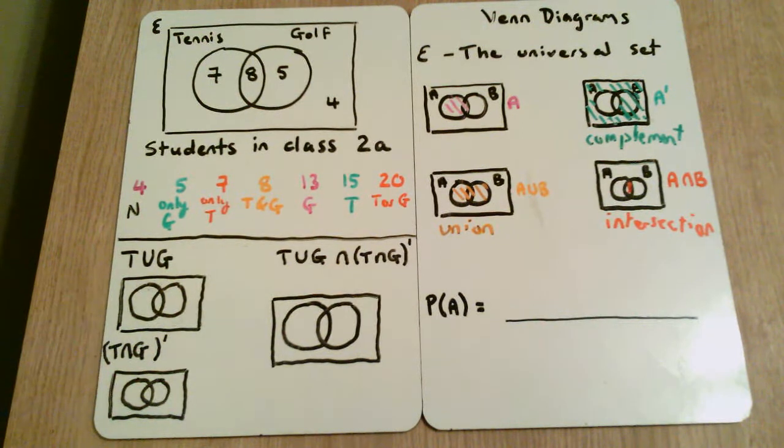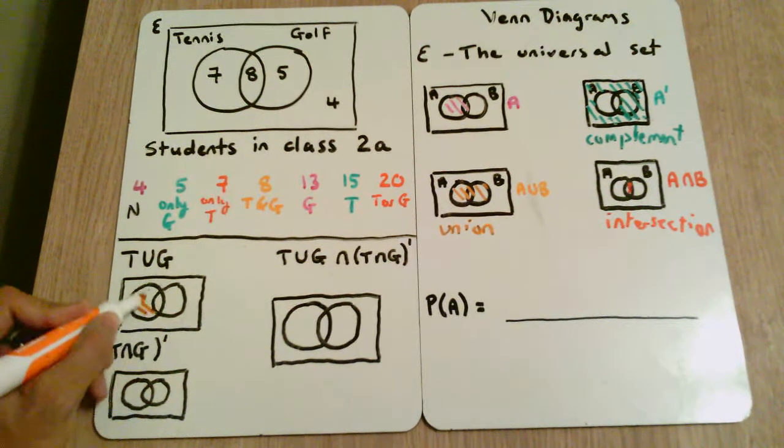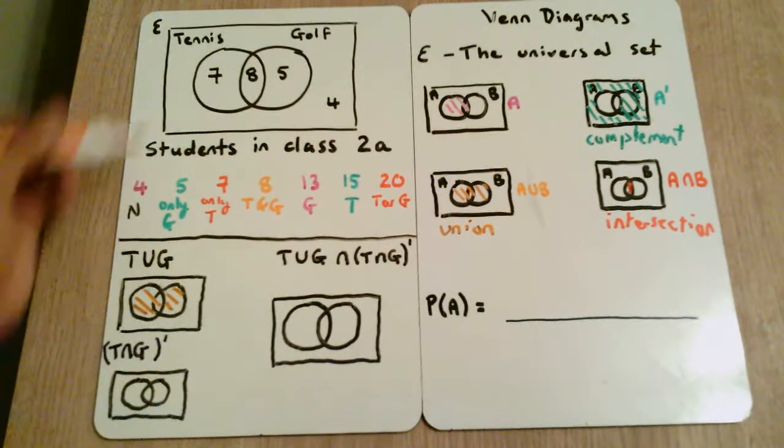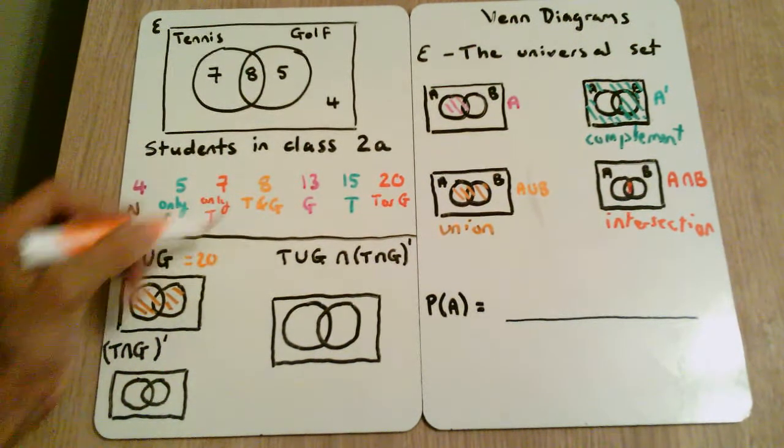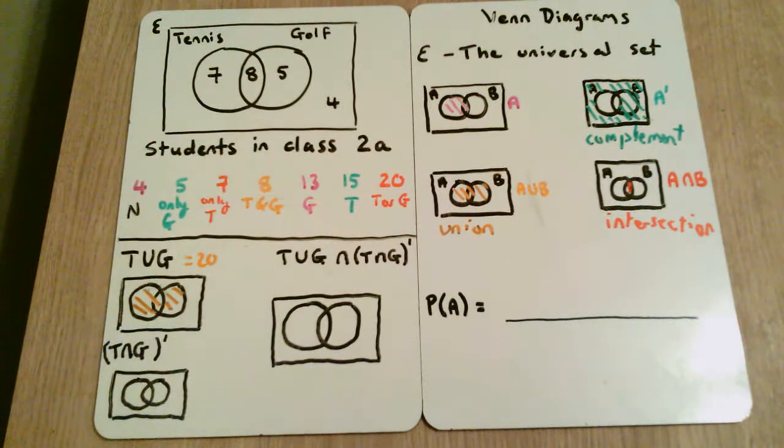So we're going to look at a few of these over here on our Venn diagram. We're just going to shade in the bits which are required and look at the value inside. So T∪G is the union, so everything inside T and G. So T union G represents the numbers 7, 8, and 5. That is equal to 20. That was that value over here.